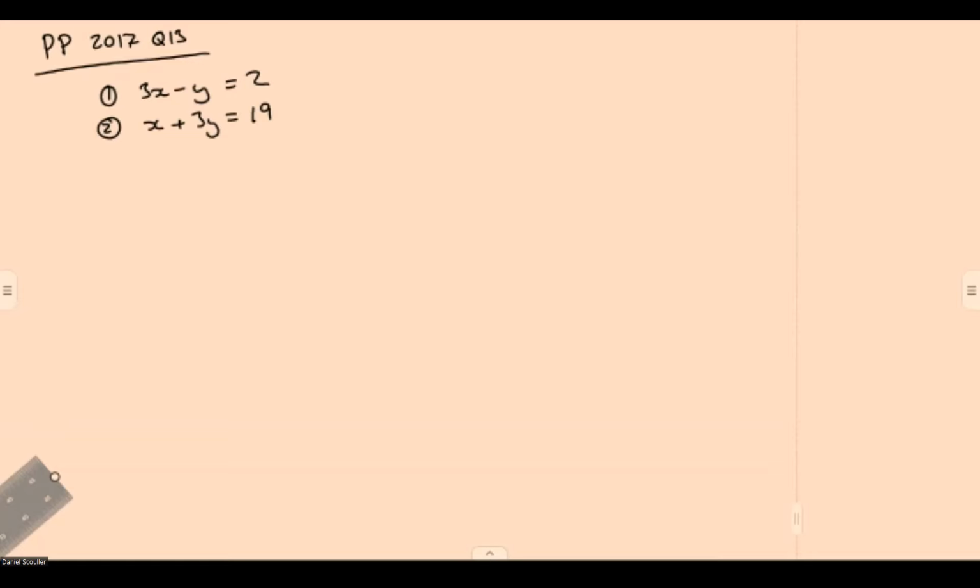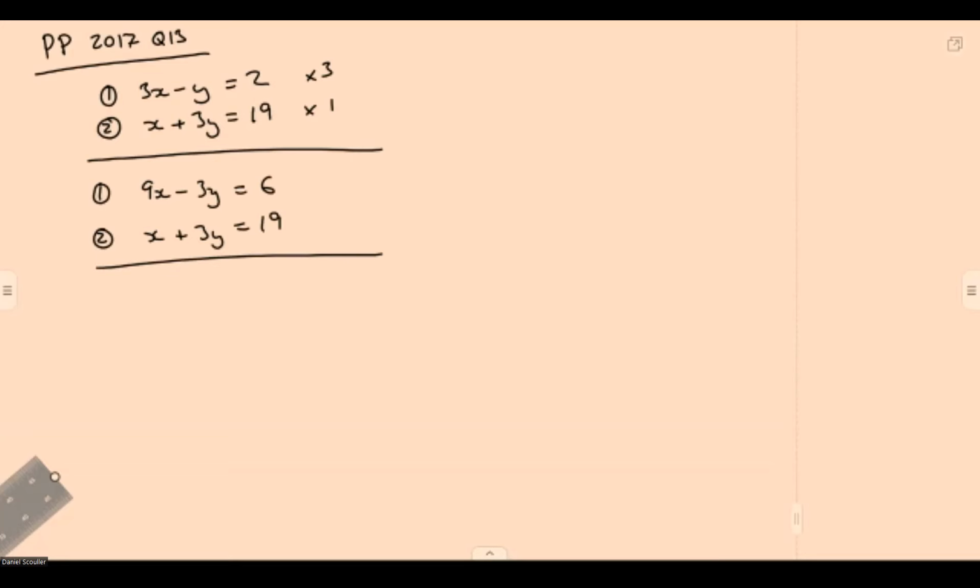So it's a case of making that second term the same. Multiply by 3, multiply by 1. Add them together. 10x, the y's are eliminated, and that equals 25.